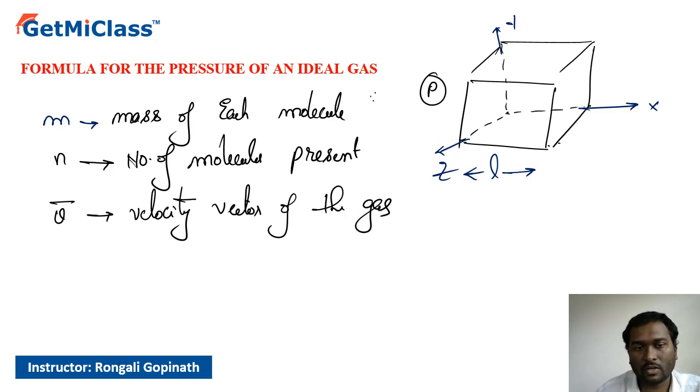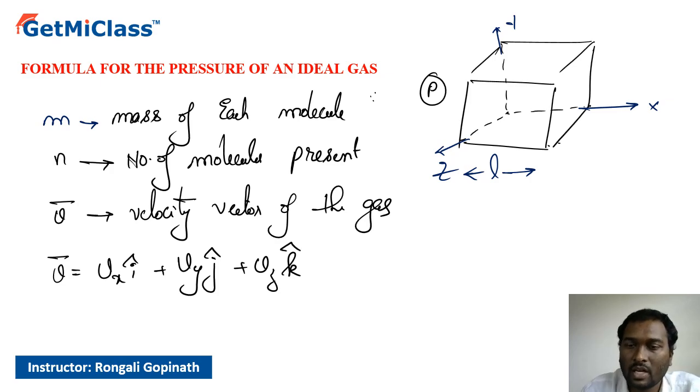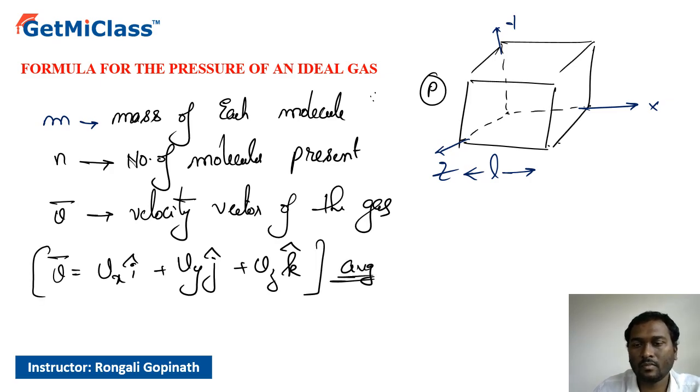Since it is a velocity vector, I can write V bar equals Vx i cap plus Vy j cap plus Vz k cap. Remember, every gas molecule will move in random directions. On an average, whatever velocity we are writing here is on an average, right?